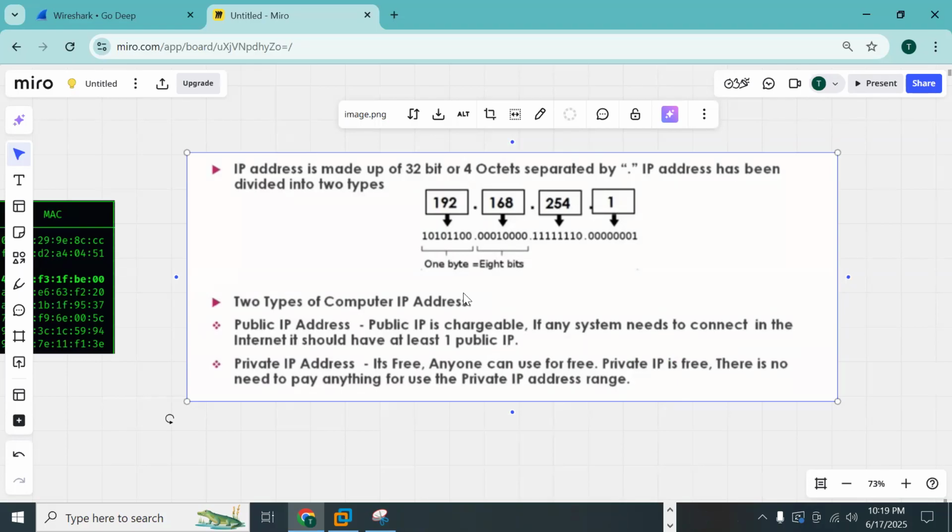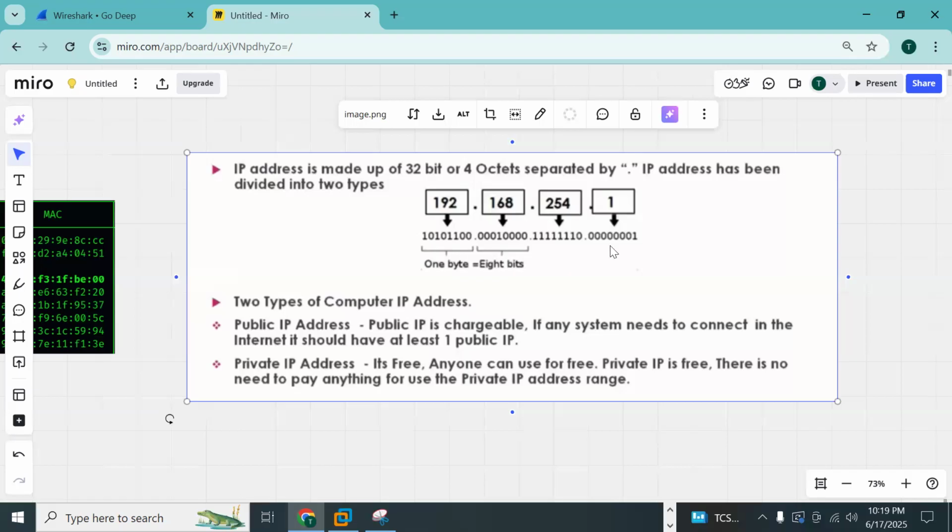So if we have an IP address here, like 192.168.254.1, this is an IP address, but it contains some binary numbers, right? 101011000011.